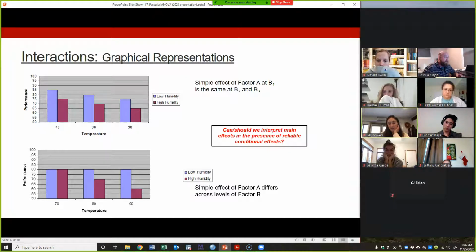I would say in general, if I have evidence of an interaction effect, I should be very careful about making broad sweeping interpretations of my main effects. But depending on what you're doing and the nature of your question and what your data are looking like, I can see making arguments for interpreting those main effects, so long as we recognize that these are no longer main effects, these are conditional effects, because the impact of smoking on heart disease is conditioned on age, right, or dependent on age, or the impact of temperature on performance is conditioned on humidity levels, right?